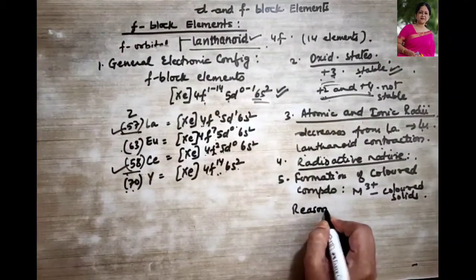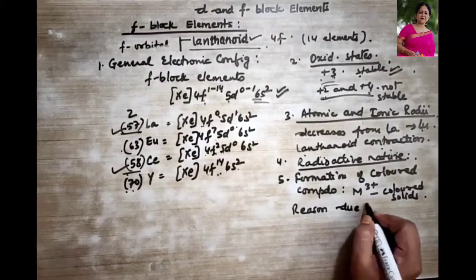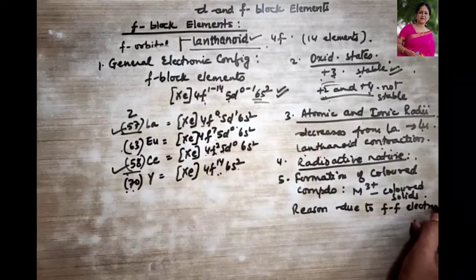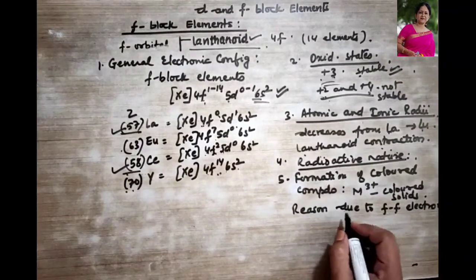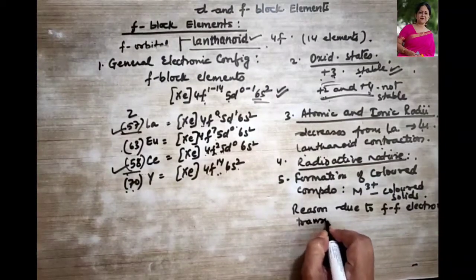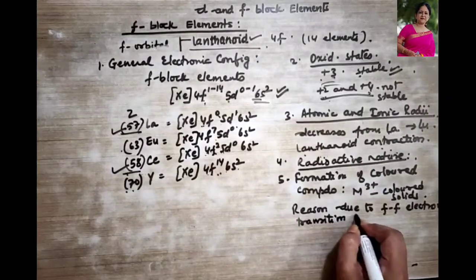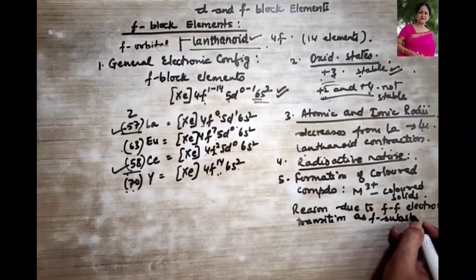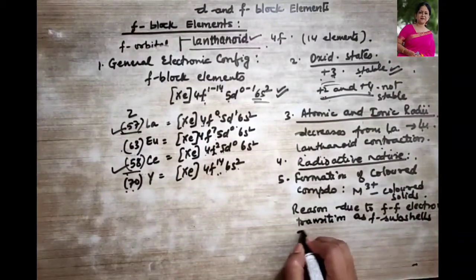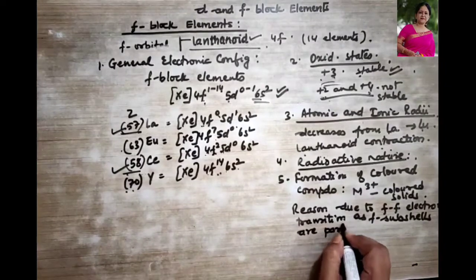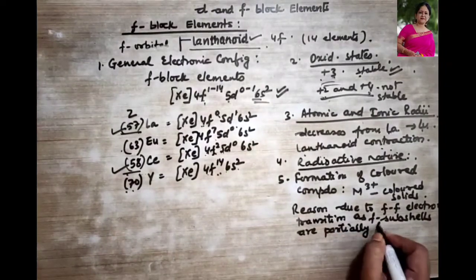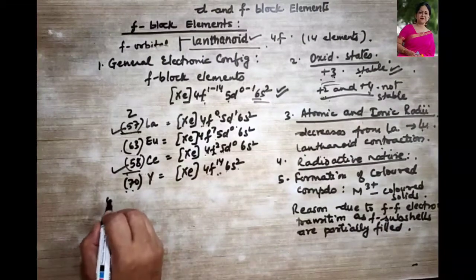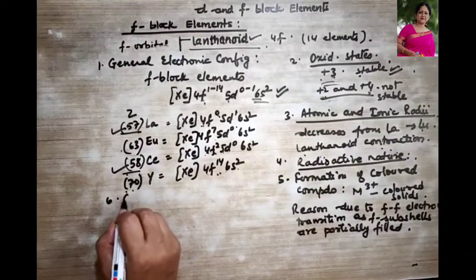The reason I am writing over here: it is due to f-f electronic transition, as f subshells are partially filled, right?